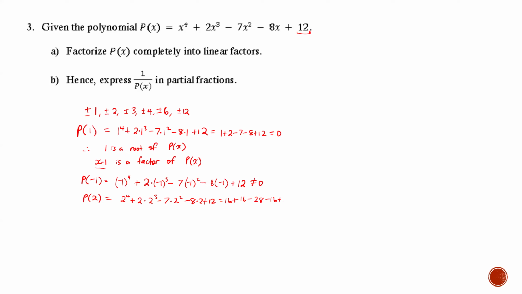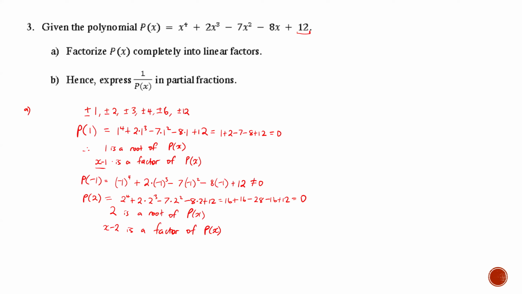And if you compute that, it actually comes to 0. So that means 2 is a root of p of x, and that means that x minus 2 is a factor of p of x. So now we have two factors.